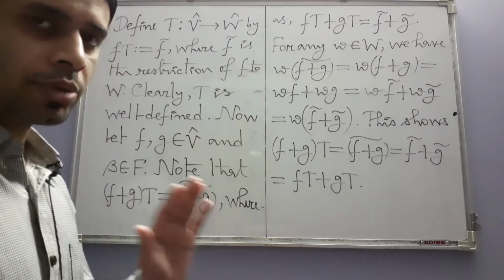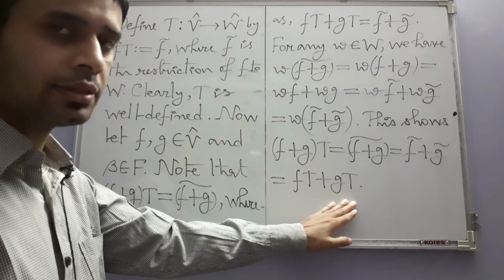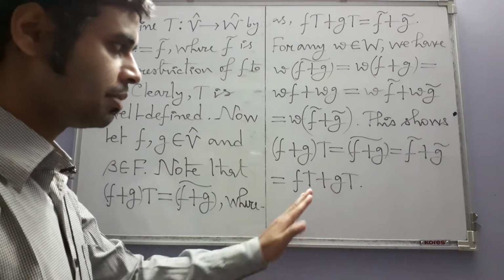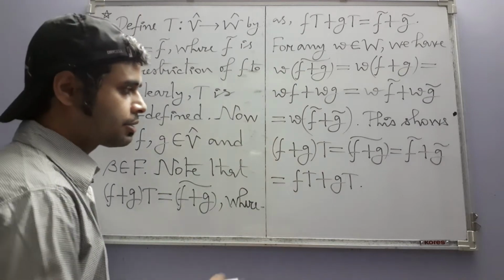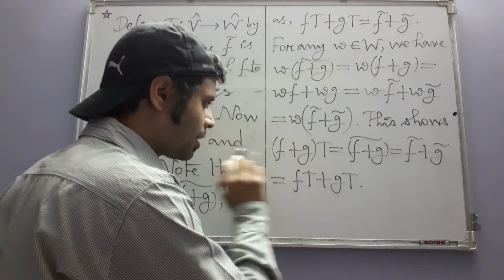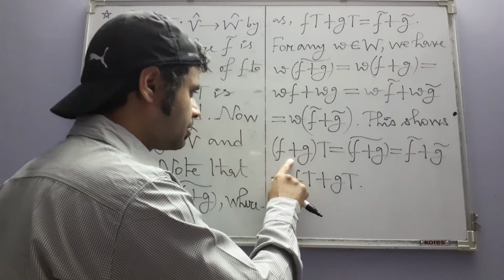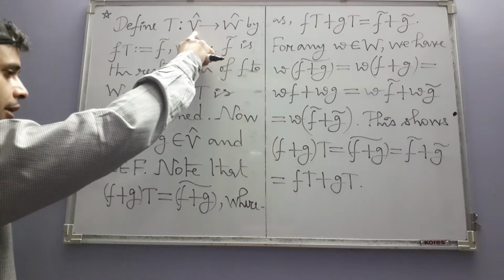Does everything make sense? Let us see. Of course, whatever we have done till this, we believe that we have not made any mistake and our logic is sound. But let us just see for once, what is this plus? This is the addition that we have in V hat. Fine.